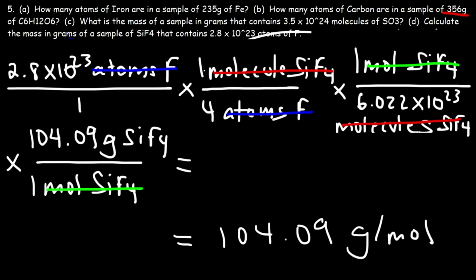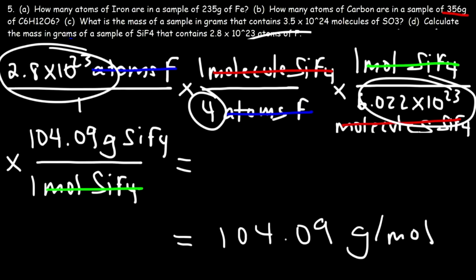So to do the math, it's going to be this number divided by 4, which is 7 times 10 to the 22. Take that result, divide it by Avogadro's number. And right now you should have 0.116, and then multiply it by 104.09.